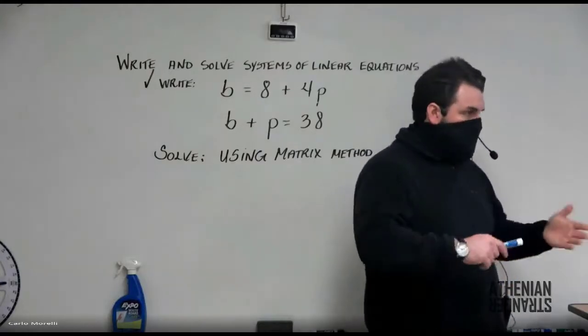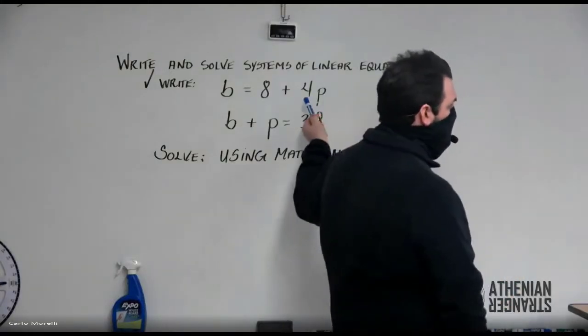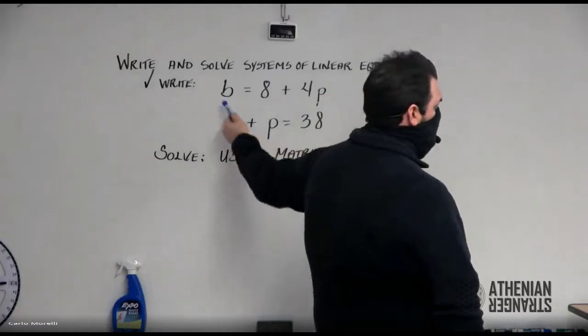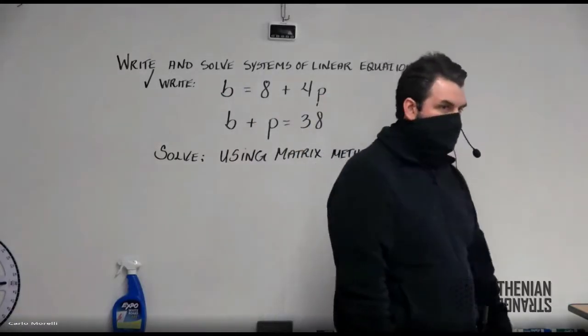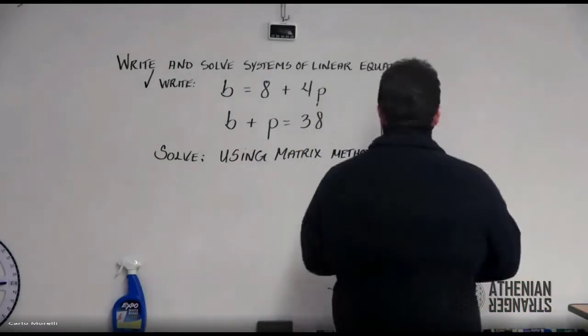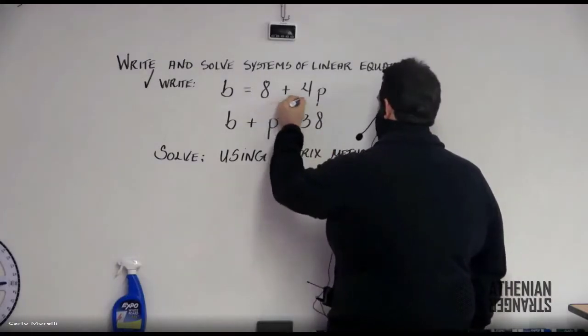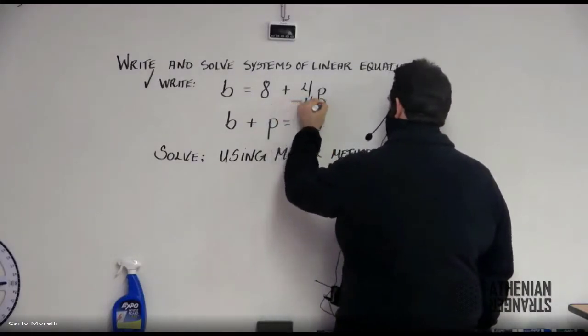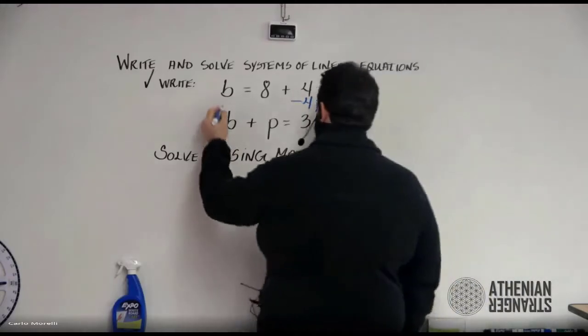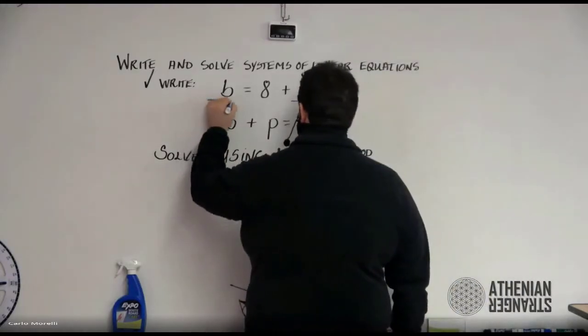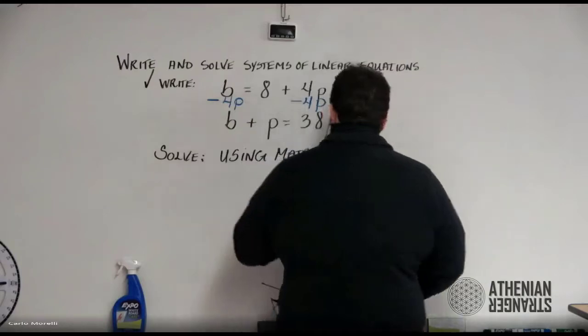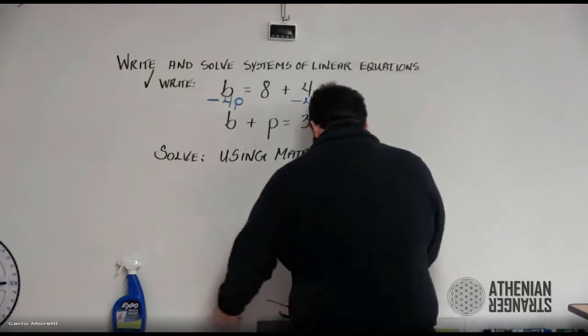How do I take the 4P and basically put it on the left side of the equal sign? Subtract 4P. And then remember to keep everything in balance. What I do on the right, I've got to do on the left. So I'll just do minus 4P on both sides.